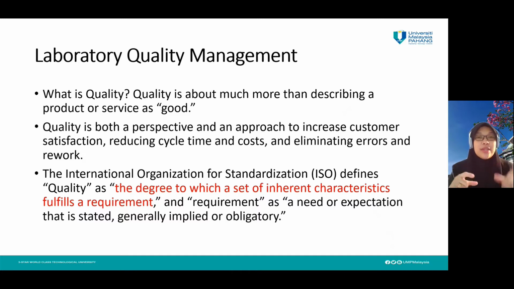Quality is not only on product, but service pun boleh dikategorikan sebagai berkualiti. Please remember, it is on product and also on services.